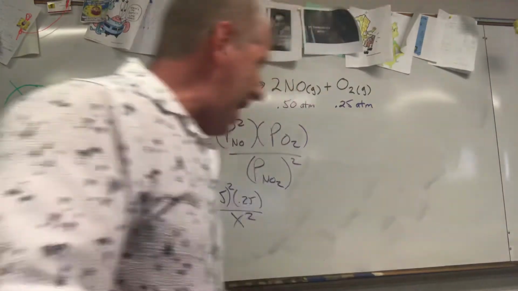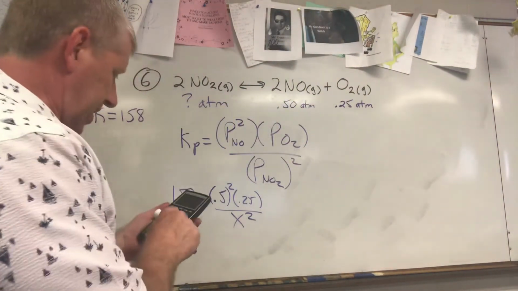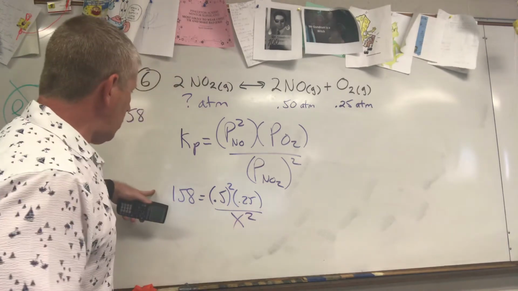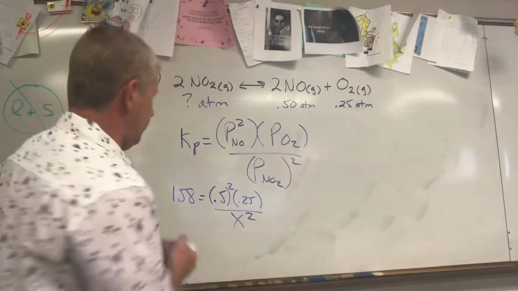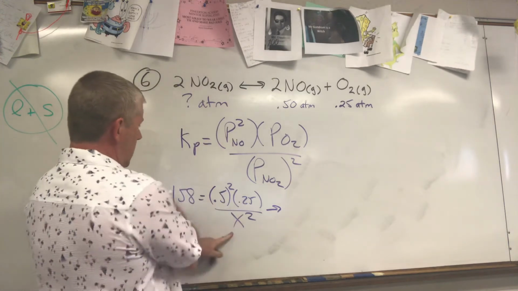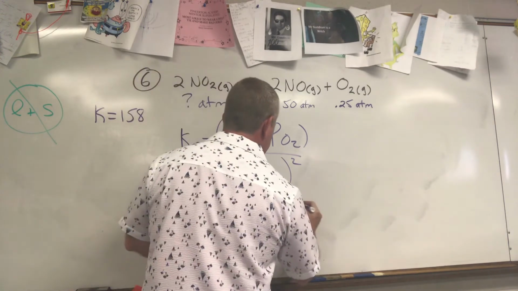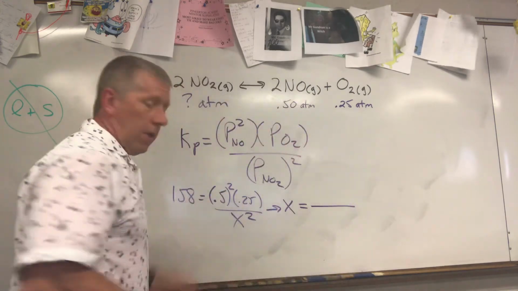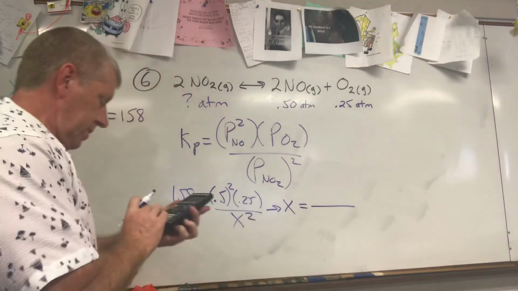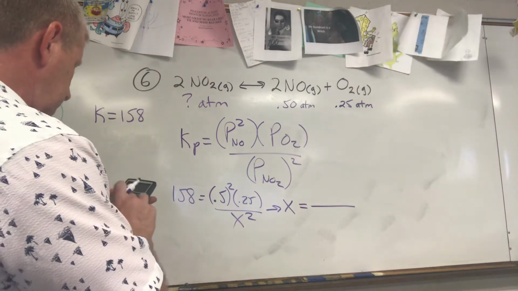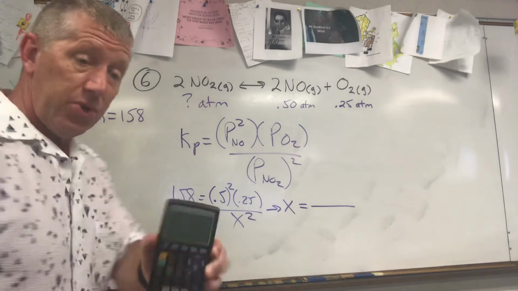All right, so I'm gonna bring X squared up here. Let's set this up first. X squared, I'm gonna switch these, cross multiply. So X squared equals, well, let's go ahead and do 0.5 times 0.5. That should be 0.25, which it is.